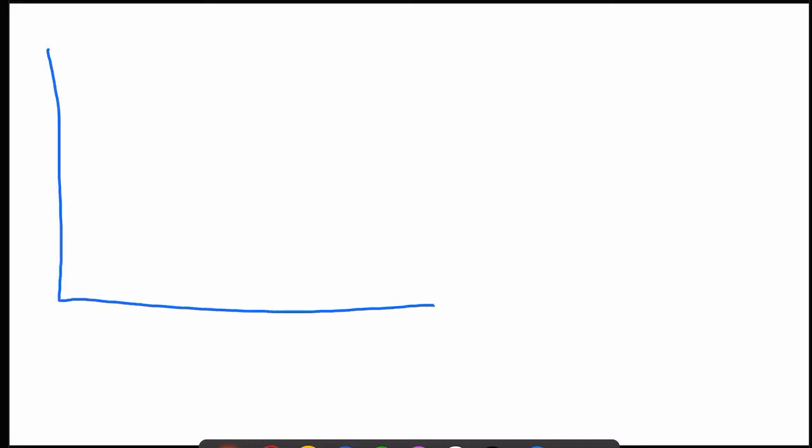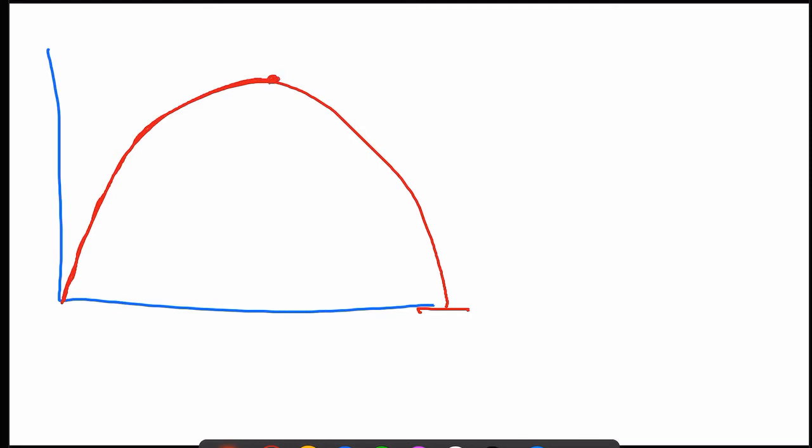let's just look at a curve that goes like this. Okay? That curve, the slope's getting smaller, smaller, smaller, smaller, hits 0, and then the slope turns negative. Yes?